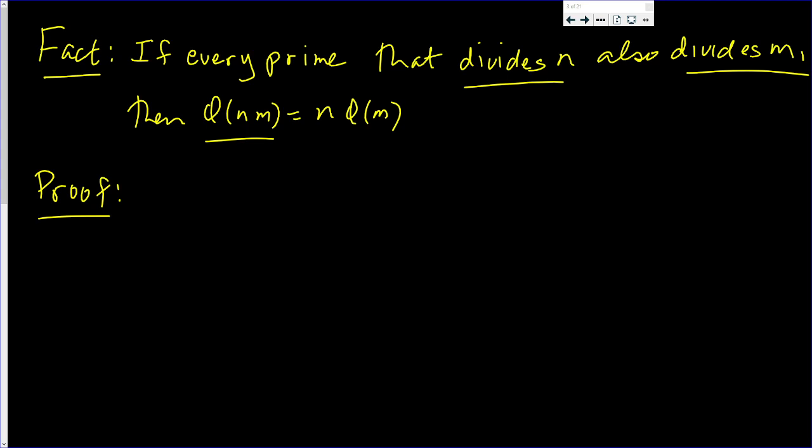So, let's see. Let n equal p1 to the k1 times p2 to the k2 up to pr to the kr. So the primes that divide n are p1, p2 up to pr, but they also must divide m.